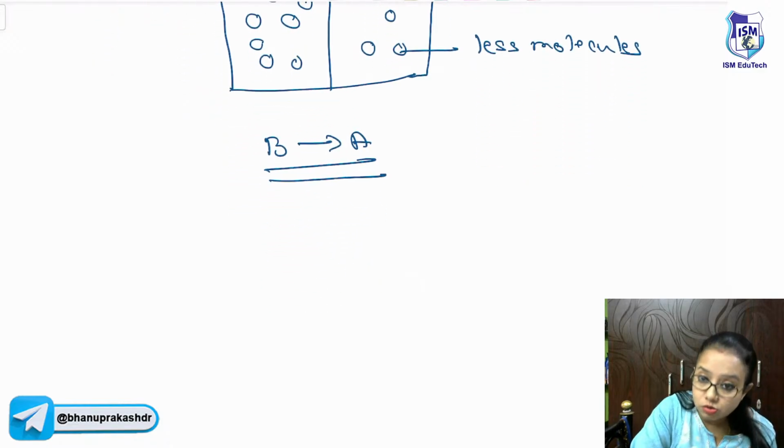It is the movement of water from a region of low concentration to a region of high concentration of the solute. Wherever the solute is low, to the region where the solute is high, there will be movement of water.